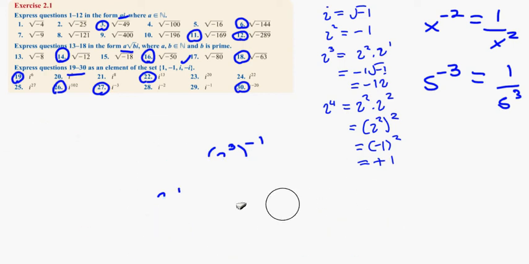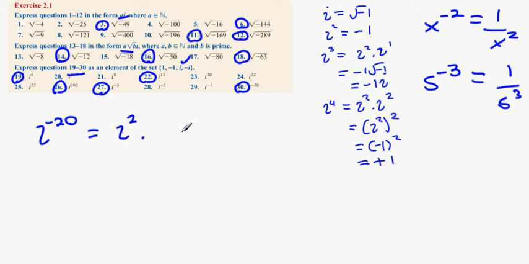Now, the next thing is i to the minus 20. i to the minus 20. Once again, what we can do is sort of a trick here. We can go i^-2 to the power of 10.